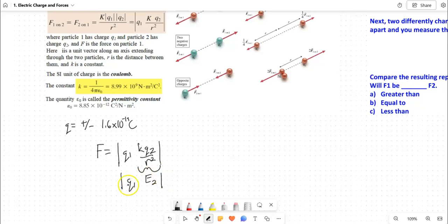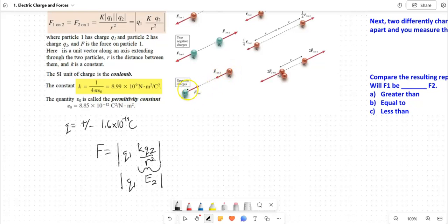So this is the charge. Q1 is the charge that we're doing the force diagram on. So right here, this would be Q1. And see how it's got a force arrow where it's being attracted to this positive charge right here? So this force arrow would be Q1 being acted upon by the electric field of Q2.